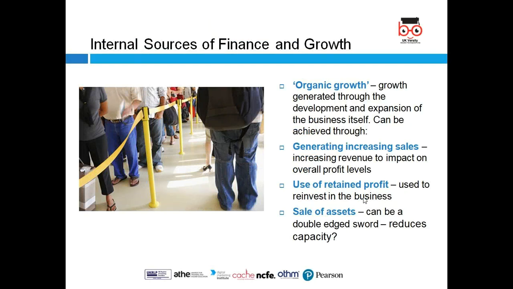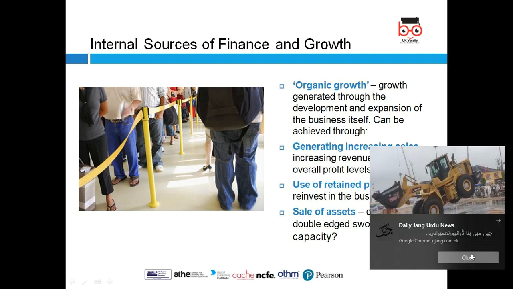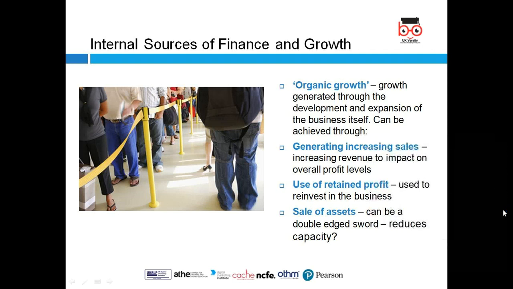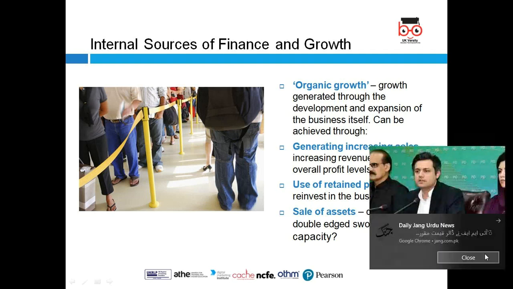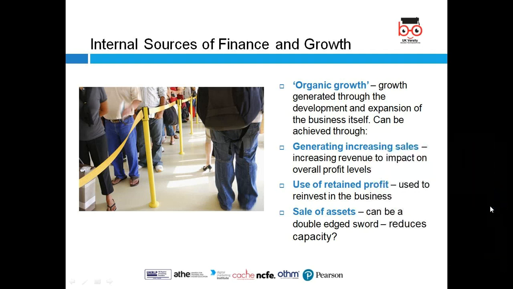Okay. Another source from which we can raise money is internal source of finance, and growth. If we are growing the company, maybe we can raise the finance internally. We can sell some assets. We can use retained profit. Why retain profit?